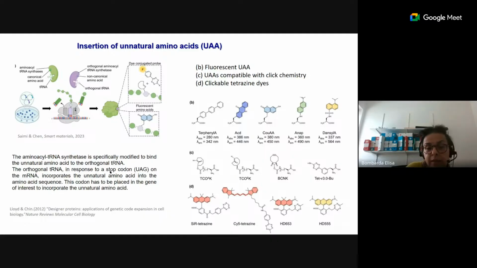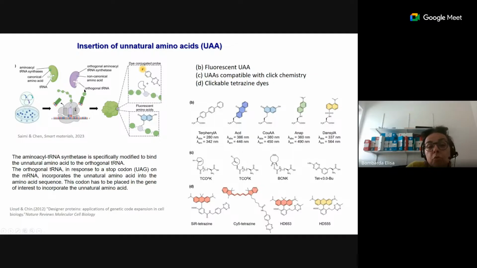If not, the game cannot be played. And so it is a non-occupied codon, let's put it in this way.